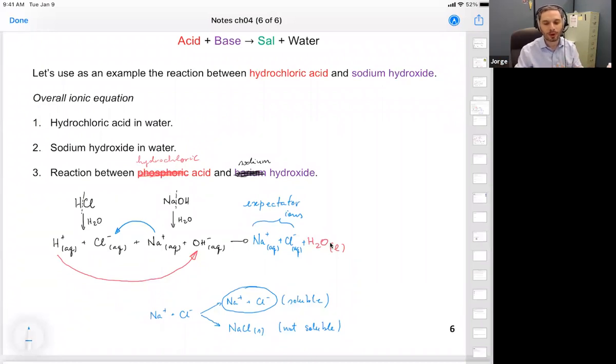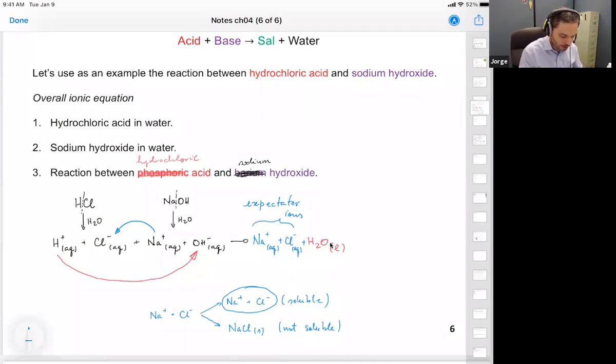How do you know when it's soluble or not soluble? Go to the solubility table and look at the case. You just need the cation or the anion, okay? Which one you are going to use depends on the situation. It depends on what you have in the reaction.